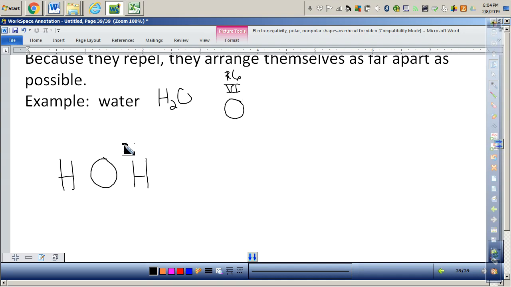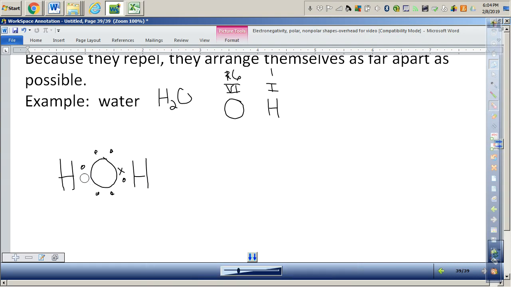Either way, this will tell you that you need 6 valence electrons. Because as you know, obviously, you can never have more than 8 valence electrons. Also notice I put the hydrogen on the outside. Hydrogen will always go on the outside. And hydrogen has 1 valence electron.